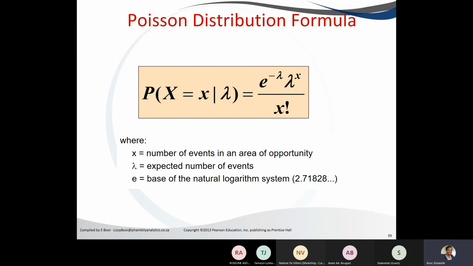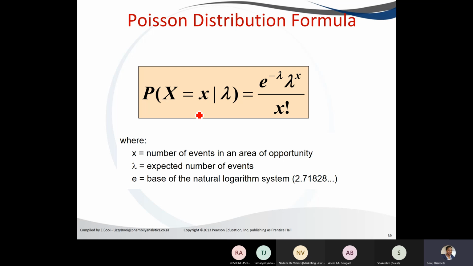To calculate the probability of a Poisson distribution, we use this formula, which shows x as your expected events, and lambda as your average or expected number of events, and e is the base of the natural logarithm.